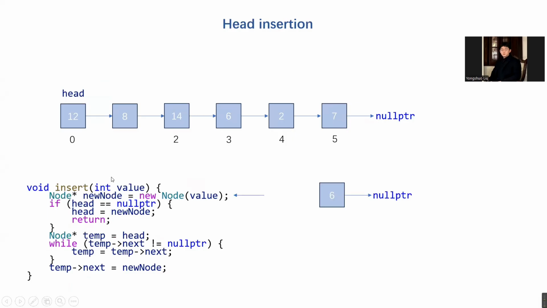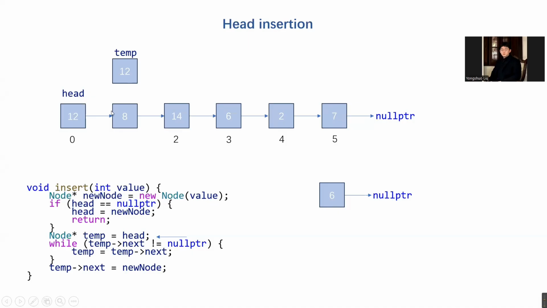So continue. For tail insertion, oh, sorry, here's a mistake. Never mind. First, we need to create a new one as well. We set the value equal to 6. And also, if the sequence is empty, we need to set the head equal to the new node, right? If not, we need to traverse all the elements. So we need to create a temp for recording. First, temp will equal head.